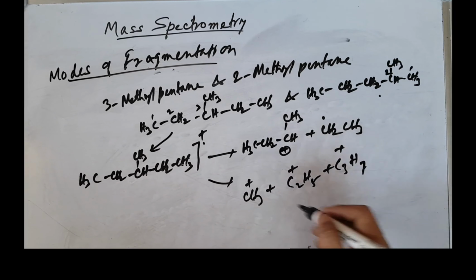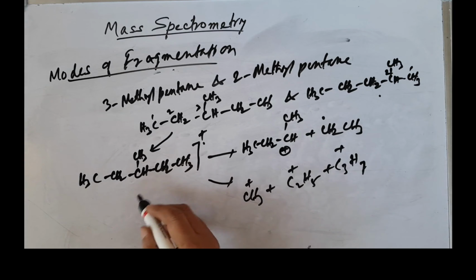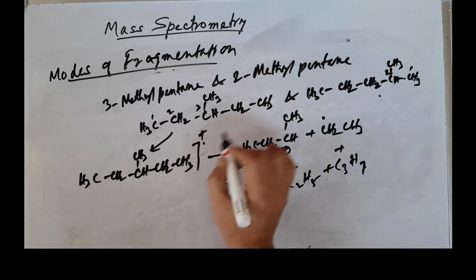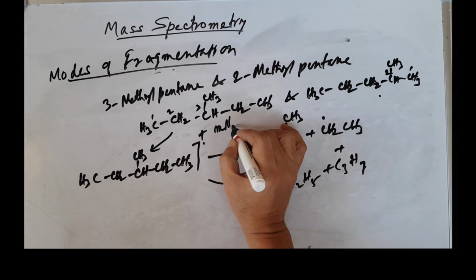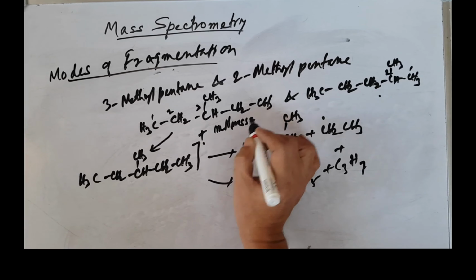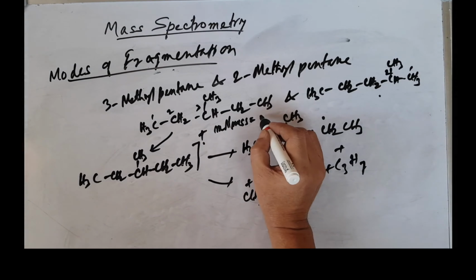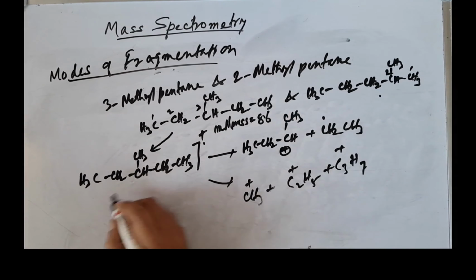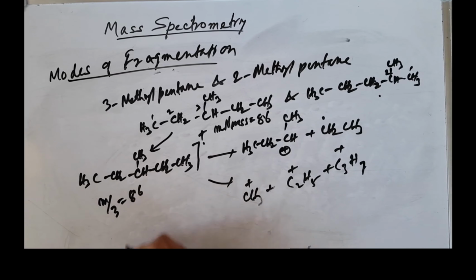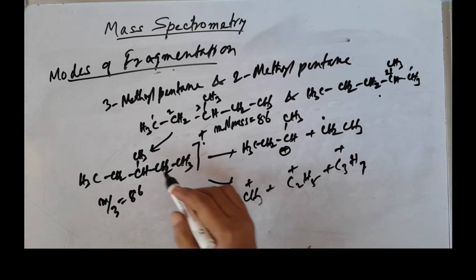Then we have the m/z values. The molecular mass of 3-methyl pentane is 86, and the m/z value of the molecular ion is also 86.